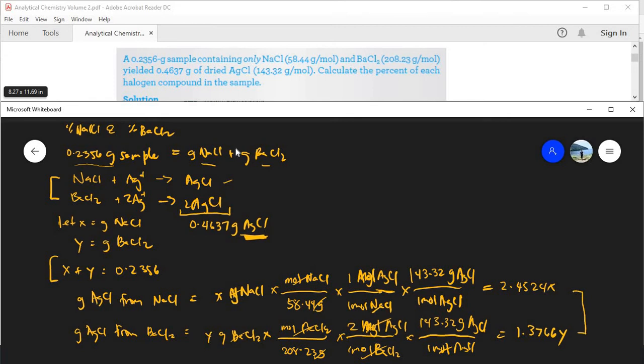This is the mass of AgCl from sodium chloride, and this is the mass of AgCl from barium chloride.